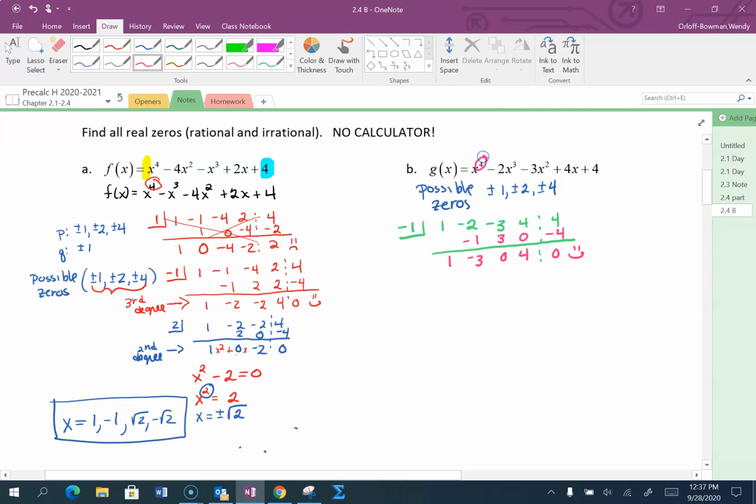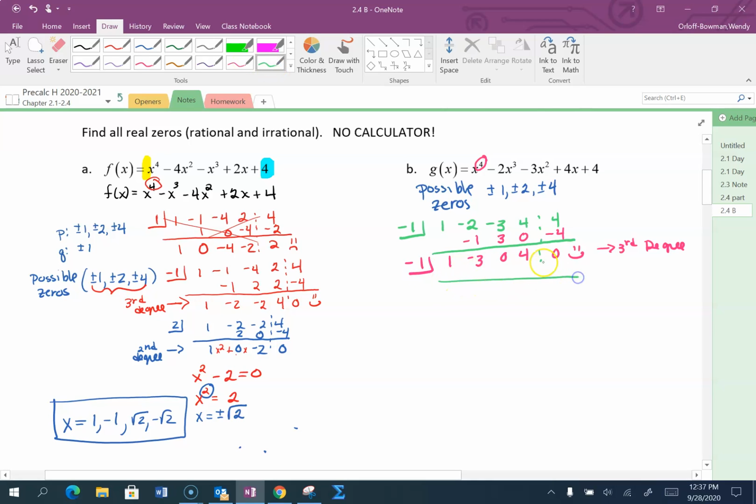I like to just continue here because I went from a degree of 4. This is a 3rd degree currently. And our goal is to get the polynomial reduced down to a quadratic where I can do more with that. So I'm essentially going to check -1 again.